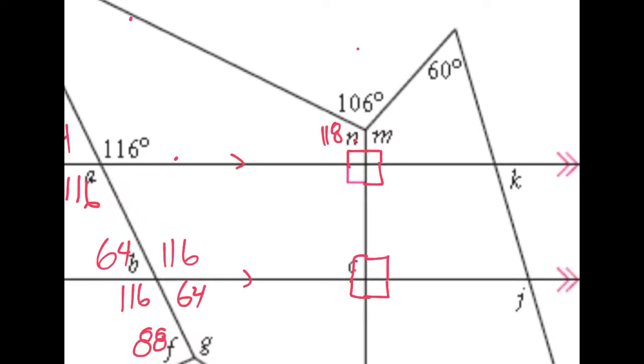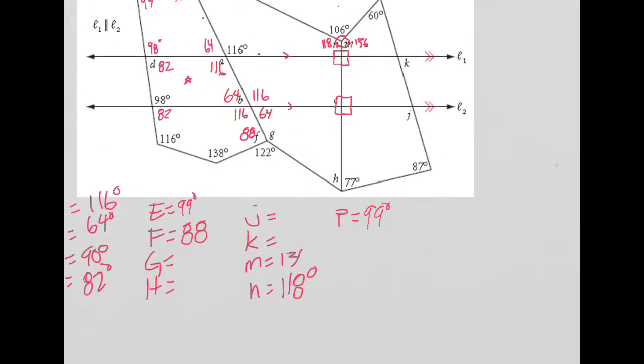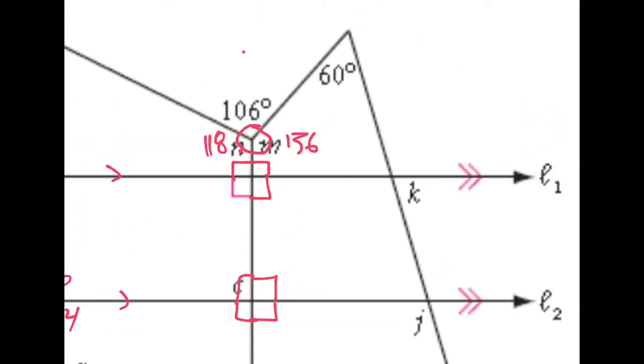And now let's find M, because if you notice this right there, add those three angles together, that is a complete circle. Complete circles have 360 degrees. So 360 minus 106 minus 118 equals 136 for M. So M is 136 degrees. We can continue this train, and we can figure out what that angle right there is.